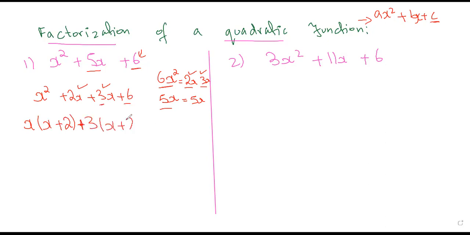Now the tip is that this factor would be same as this one. If this is not same, this means that you have made a mistake. Okay, so be very clear with this. These two factors should be same. And finally, we have x plus 3 into x plus 2. Okay, so we started off with this quadratic function and finally we are able to factorize it.